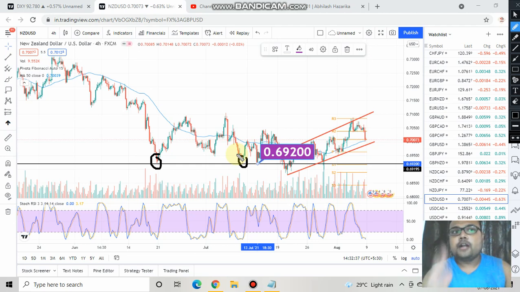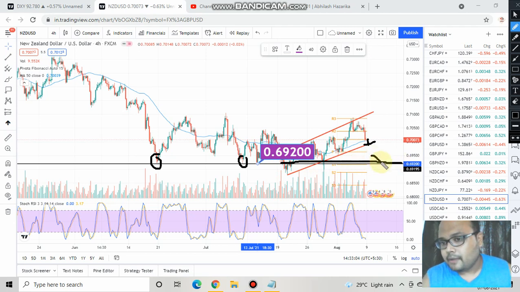Therefore, on the chart of NZDUSD, you must know it very well that 0.6920 is the strongest support available, and therefore this level should be marked in your charting platform as well. So in case the market fails to hold this trend line and comes down, then you'll get the next buying opportunity at this level, 0.6920.